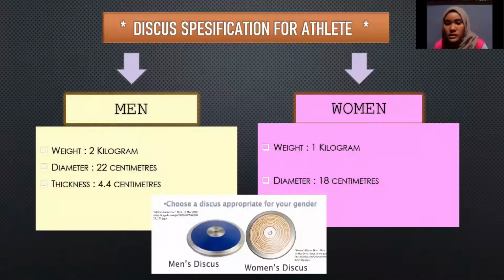And for women, they use a 1 kilogram discus with 18 centimeters in diameter. According to the picture, the size of the discus is different for men and women athletes. So they have to use the discus according to their gender.